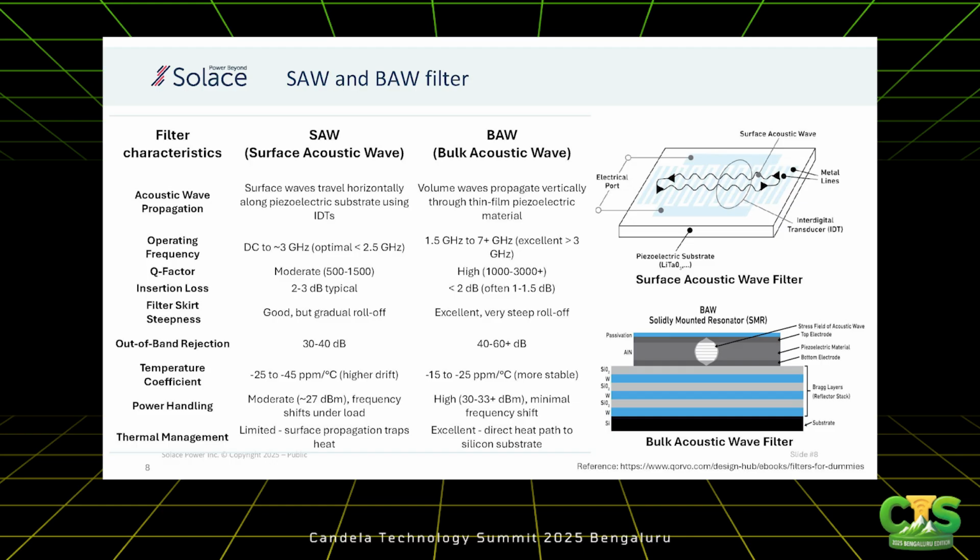So you are talking about rejections up to 60 dB with a very, very sharp roll off. If you look at the Q factor here, it's above 1,000. So you can imagine how sharp those filters are, right?